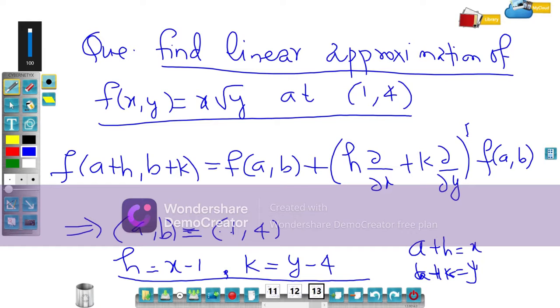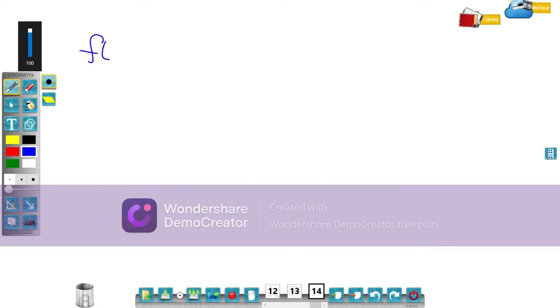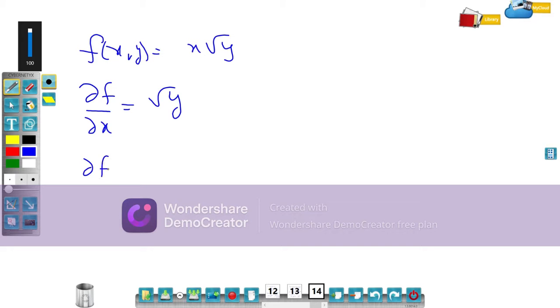Okay, so let's find this out. What I need to find out is ∂f/∂x and ∂f/∂y at (a, b). I know f(x, y) is x root y. So ∂f/∂x is equal to root y. ∂f/∂y is equal to x upon 2 root y.